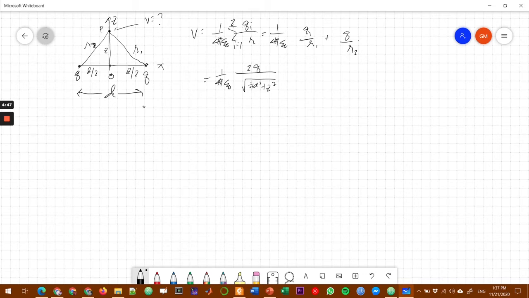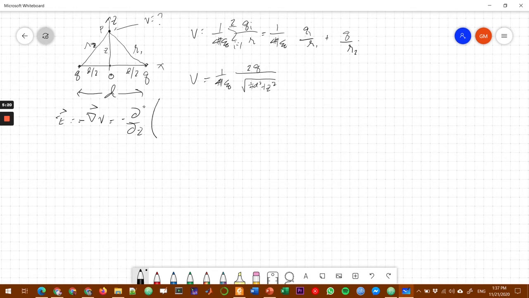So now we have the potential, and from the potential we can extract the electric field at this point by invoking the formula E equals negative del V. Since the potential is a function of z only, and this is in Cartesian coordinates, we just take the derivative of the scalar function with respect to z.